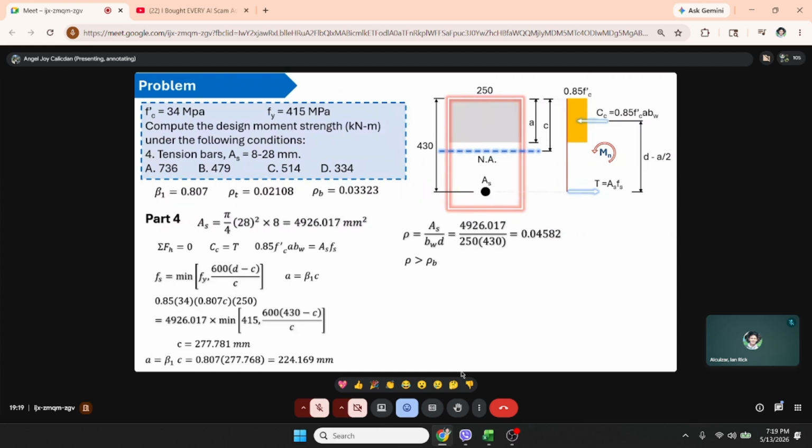And it has exceeded rho balance, meaning it is a compression controlled section. So, the tension steel has not yielded. And we'll use phi equal to 0.65. And we'll solve for Fs, 600 times D minus C over C. We get 328.832. Since it is less than Fy, the Fs we will use is this Fs.